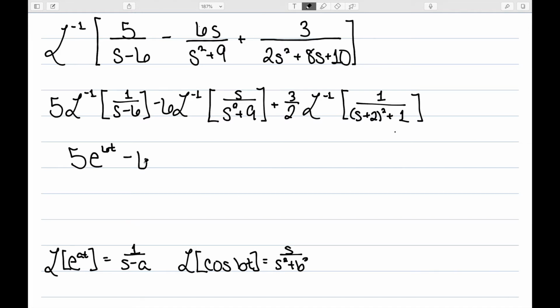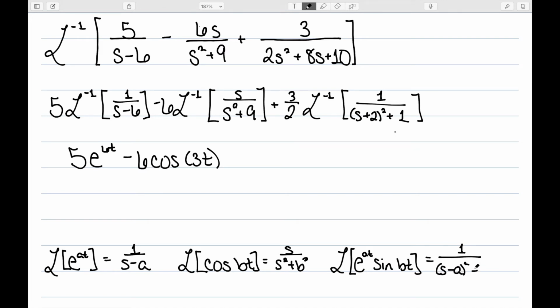So this term here would be cosine 3t, since 9 is 3 squared. Finally, the table also gives us the transform of e to the at sine bt is equal to b over s minus a squared plus b squared. So this one matches this third piece, where a is negative 2 and b is 1. So I have 3/2 e to the negative 2t sine t. And so now we have our solution to this problem.